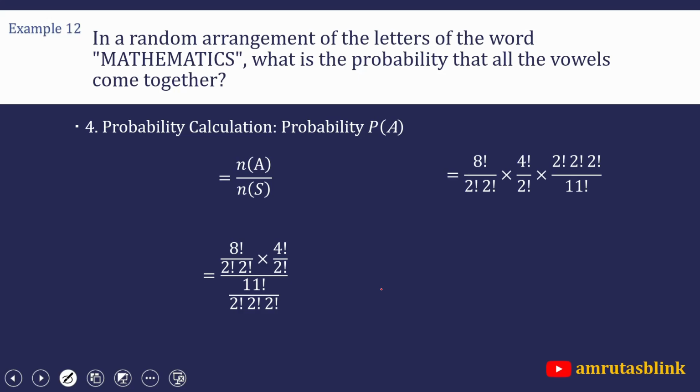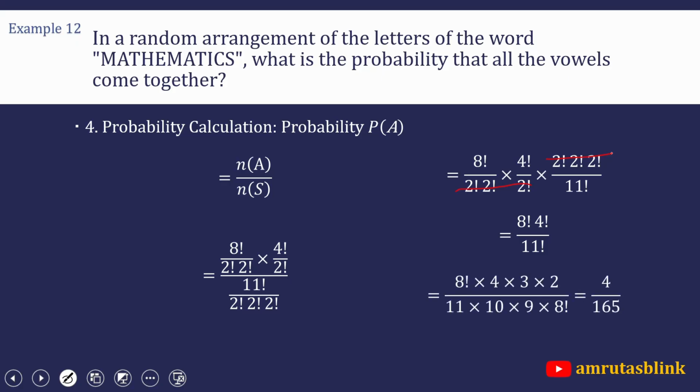That is 8 factorial upon 2 factorial 2 factorial as it is, into 4 factorial upon 2 factorial, into 2 factorial into 2 factorial into 2 factorial upon 11 factorial. Now all these 2 factorials in the numerator and denominator will get cancelled. So we have 8 factorial into 4 factorial upon 11 factorial.